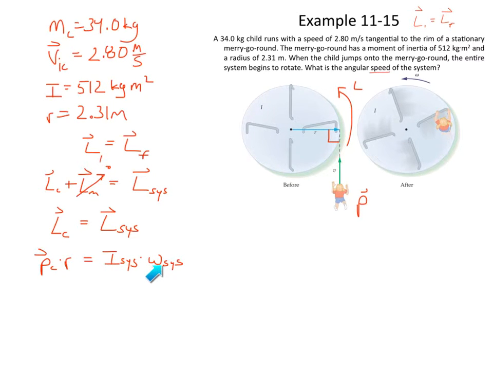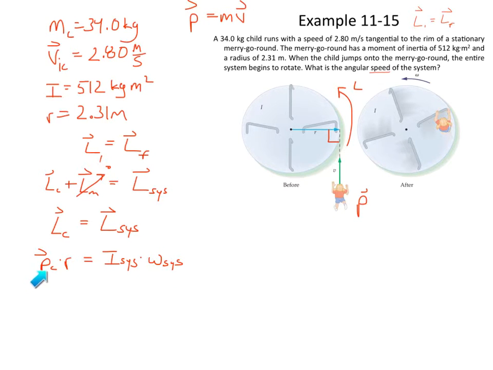We said that momentum, P equals mv, linear momentum equals mass times velocity. Well, this is the rotational analog to that. Moment of inertia is mass. Angular velocity is, like I said, the analog to velocity in rotational terms. Okay? Well, this is what we're solving for right here, so that's good.